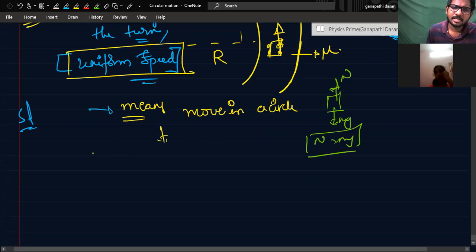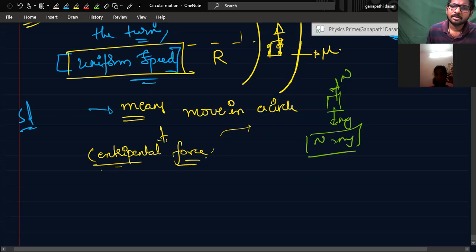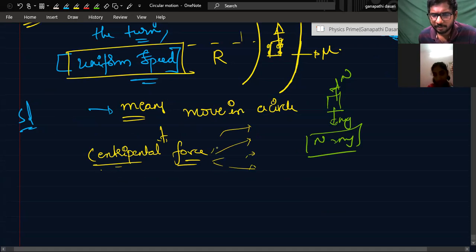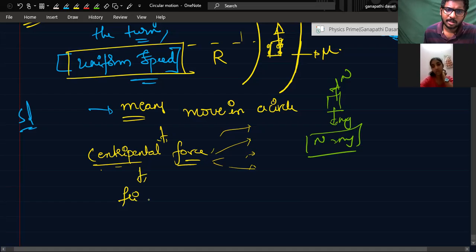The minimum that is required is, as I already told you, centripetal force. Sometimes the centripetal force is provided by friction, sometimes normal force, sometimes gravitational force, sometimes electrostatic force. This we have learned in the previous lectures. Now that centripetal force is provided here by only friction.